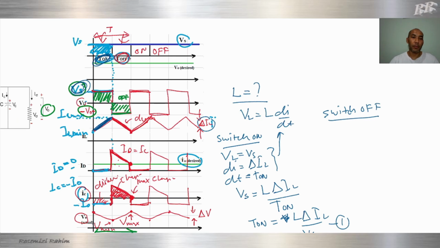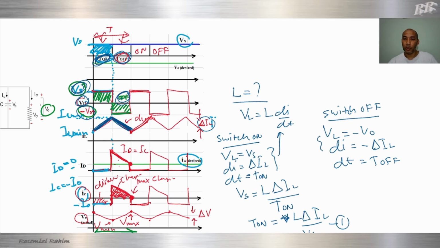Okay, next is during switch off. During switch off, VL equal to minus V naught. Di equal to the current IL decreasing gradually, which means minus delta IL, and dt equal to T off.